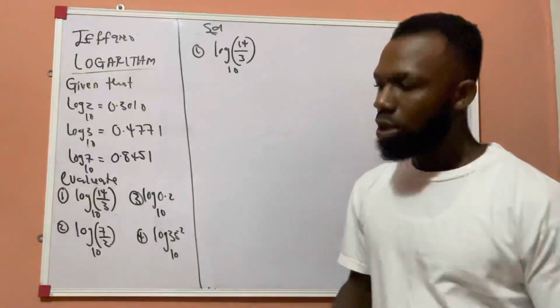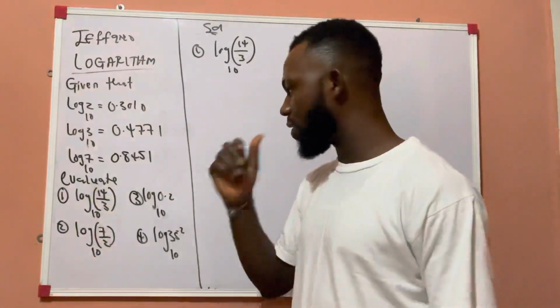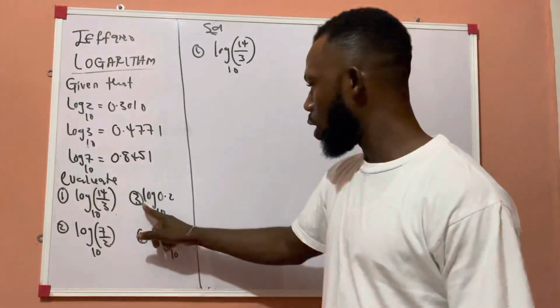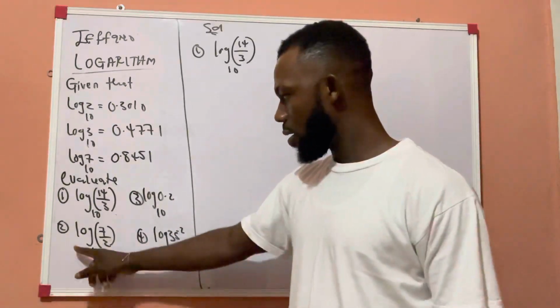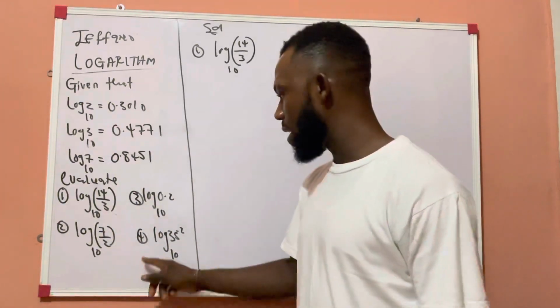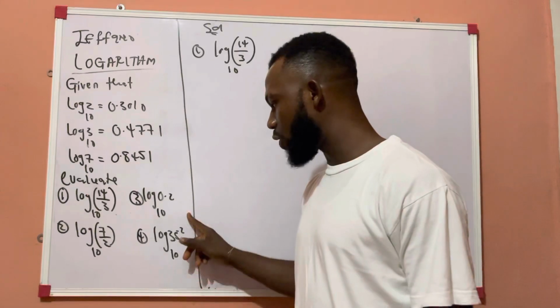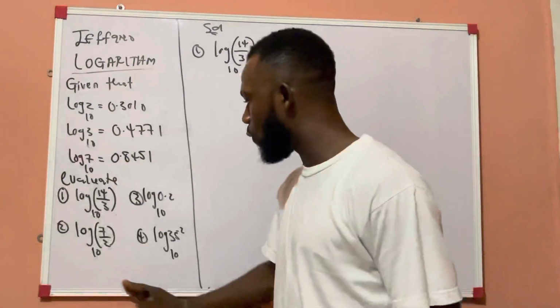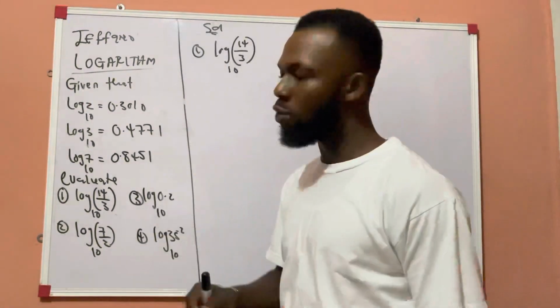Then we were asked to evaluate log 14 base 3, log 14 over 3 base 10, log 0.2 base 10, log 7 over 2 base 10, and log 35 raised to the power 2 base 10. Now, how can we simplify these 4 questions using this logarithm given to us?